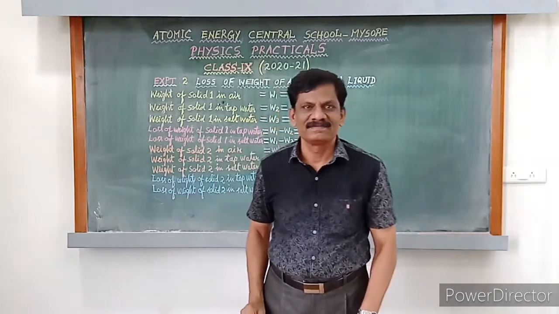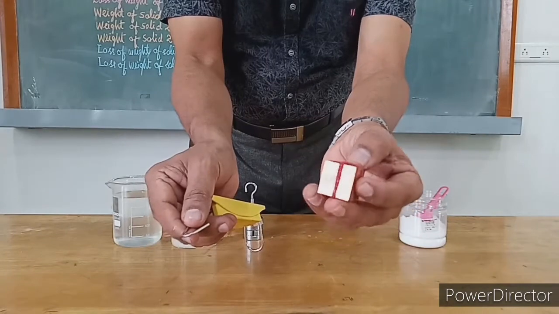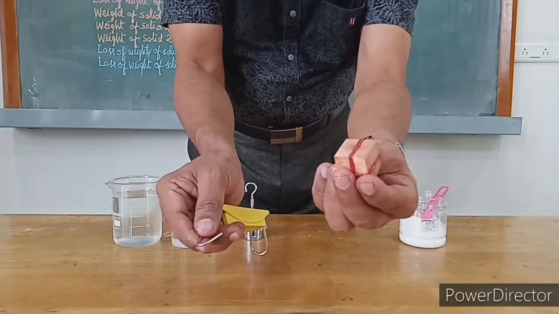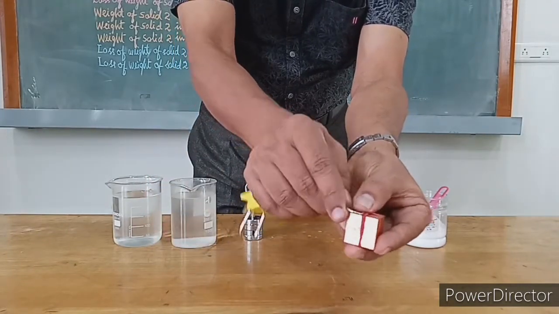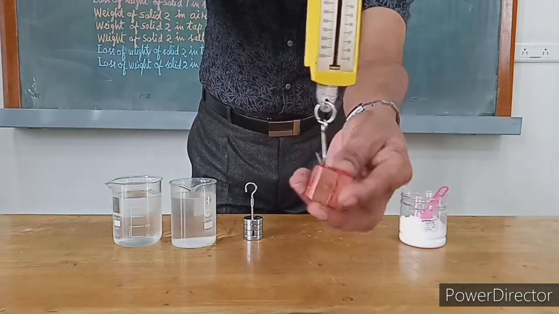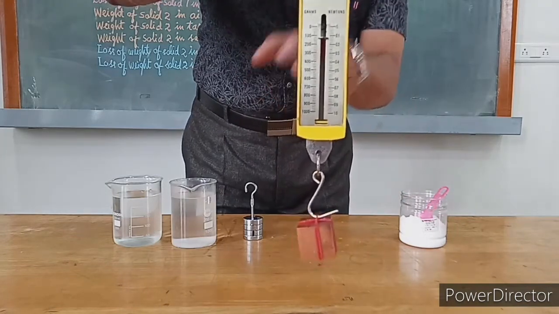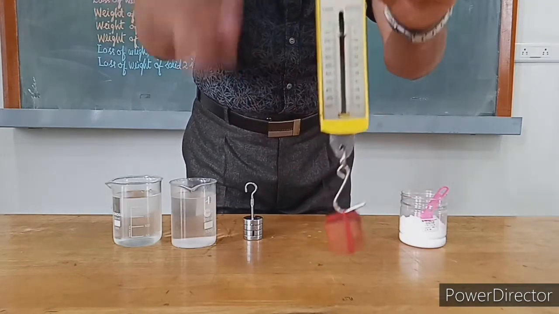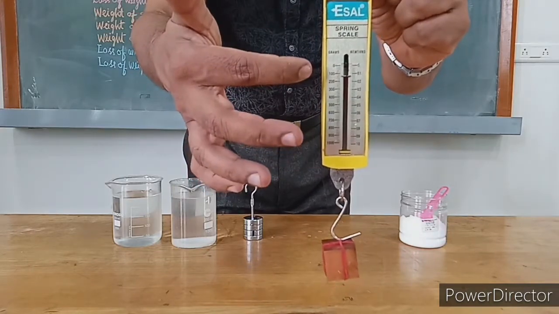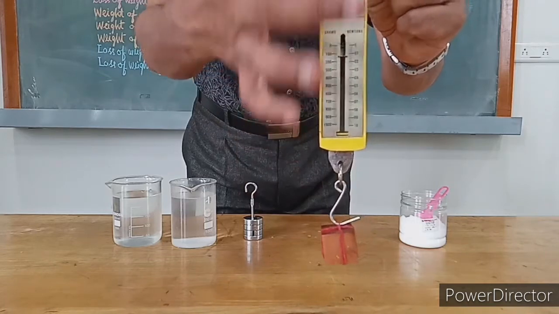Now the first solid, namely the copper cube, is suspended below the weight hanger of the spring balance. Now, the weight of this solid is determined by the spring balance. There are two scales on the spring balance. The left side scale is in grams, the right side scale is in Newton.